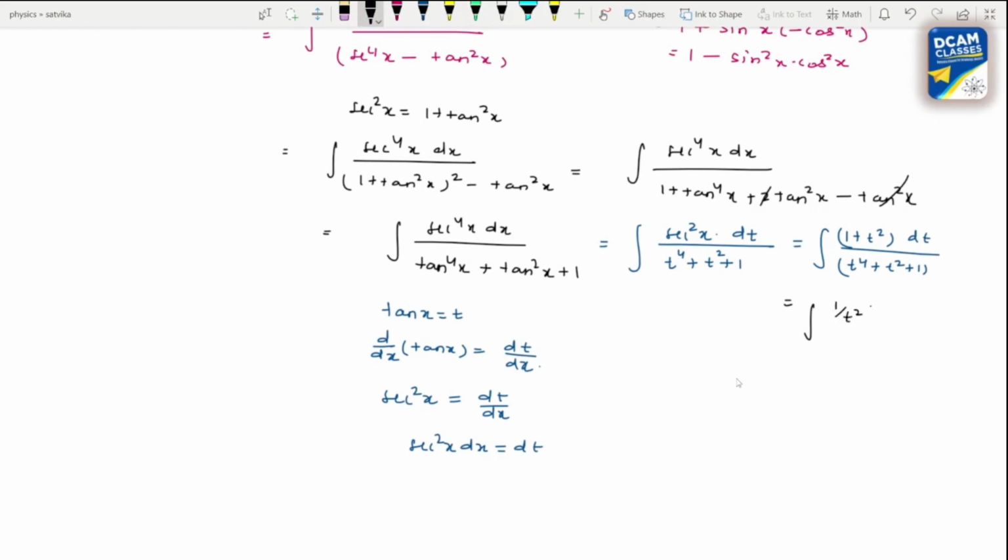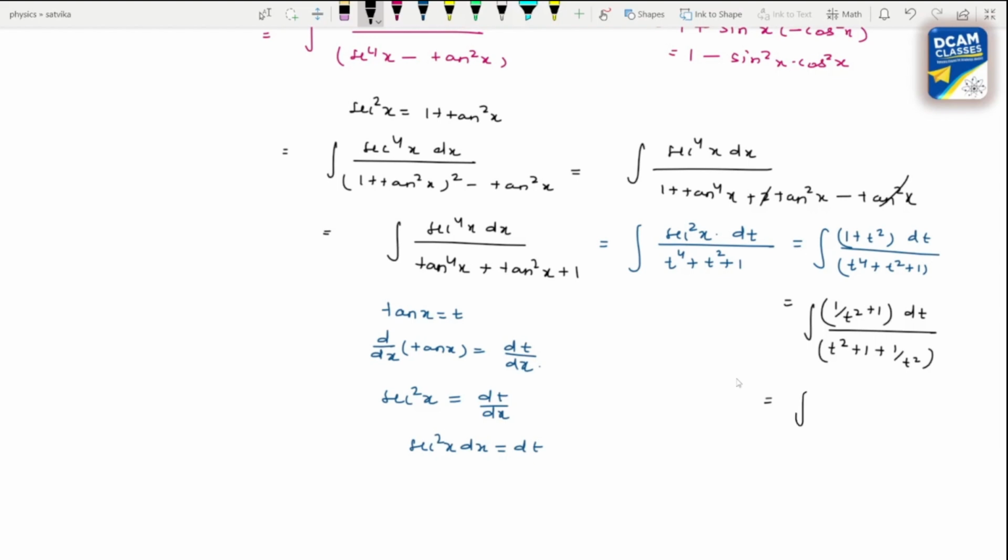So it will become 1 by t square plus 1 divided by t square plus 1 plus 1 by t square. You will understand why I did this.